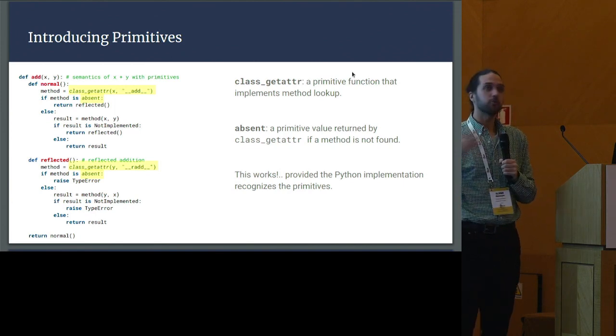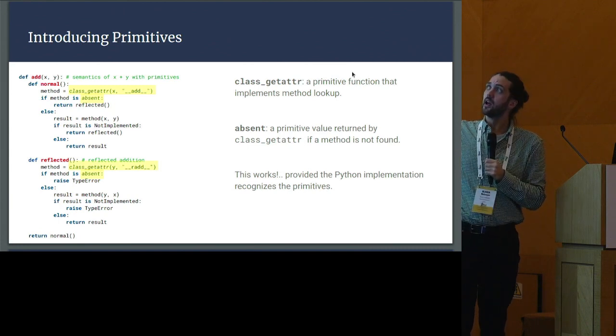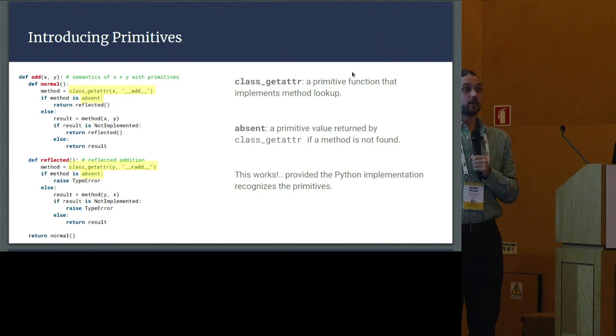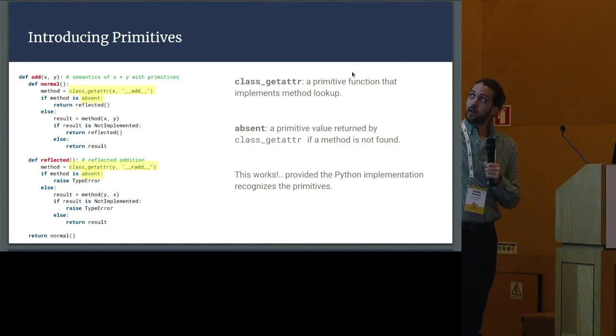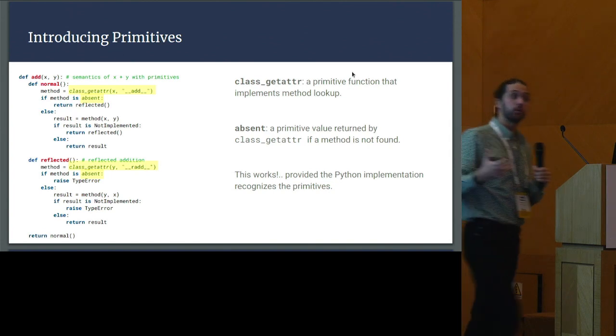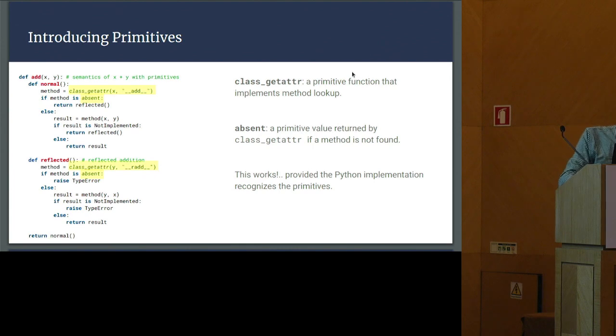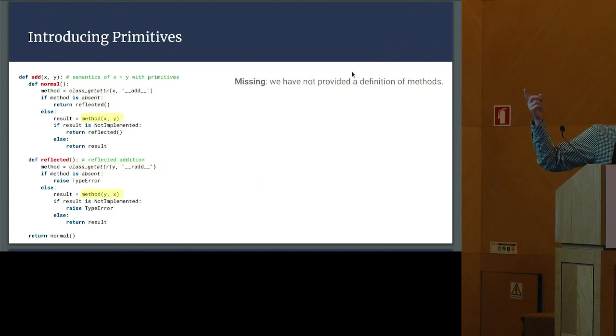It's just an object we can recognize by identity if it is not found. And this here actually works. If your compiler or interpreter can recognize those two primitives, you can make it digest this semantic and use it at runtime. The only missing part is the actual method.